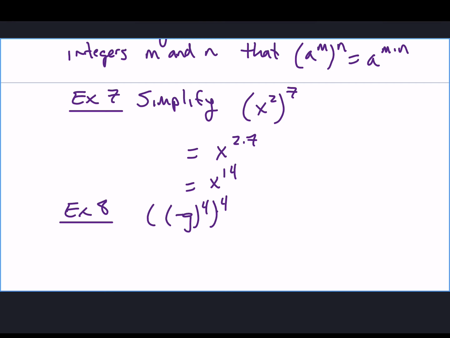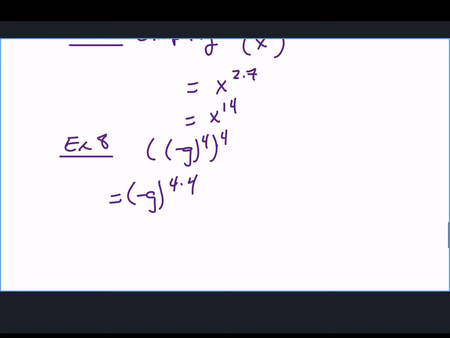Whatever's inside those parentheses is raised to the 4th power, so we take the power raised to a power and multiply those exponents together. So negative g is raised to the 4 times 4 power. And what's 4 times 4? So we get negative g to the 16th power.